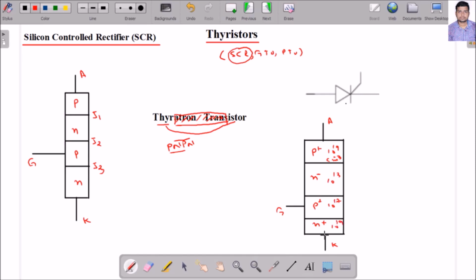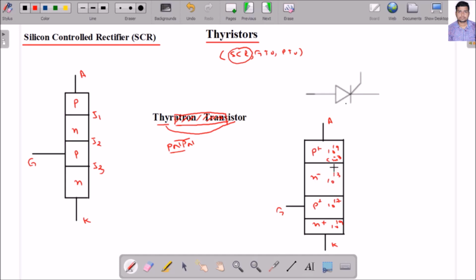Okay, so this layer is heavily doped and it is very thin, and this layer is comparatively lightly doped as compared to this, around 10 to the power 17 per cubic centimeter, and here it is lightly doped and very thick. I already discussed the continuity equation: if the doping concentration is low, then definitely the width of the depletion region is more.